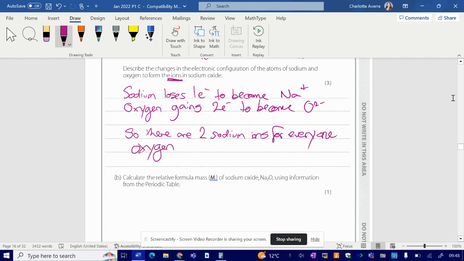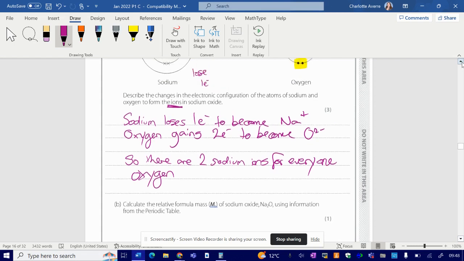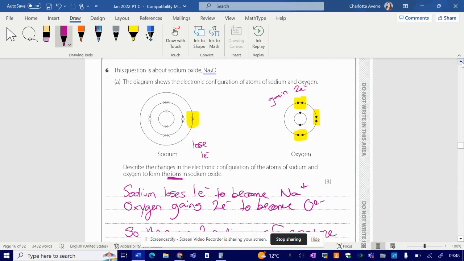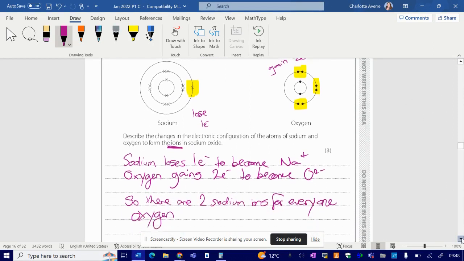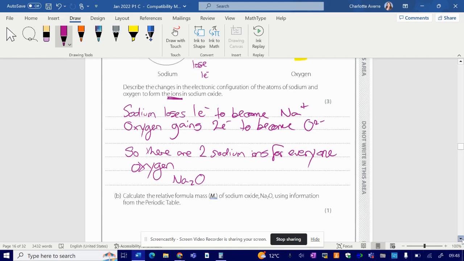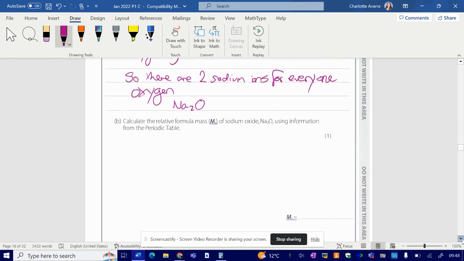Because sodium's losing 1, oxygen's gaining 2, and therefore you need them to have 2 sodiums. It gives you the formula up here, so there won't be a mark here for giving the formula. If it hasn't given you the formula, then you would write it as part of your answer, but they already told us that in the question, so here that definitely won't be a mark.